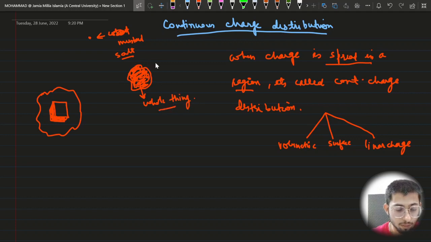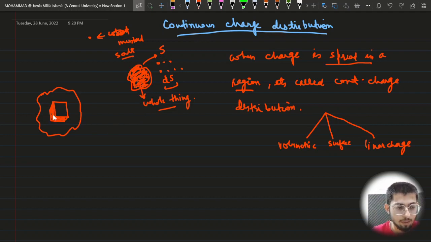It is composed of small bits of salt. If this whole salt is called S, then we may call each bit of salt dS, very small salt. But we cannot isolate each dS from this. It is assumed to be a single piece of charge, which is S. So there's no way we can isolate.